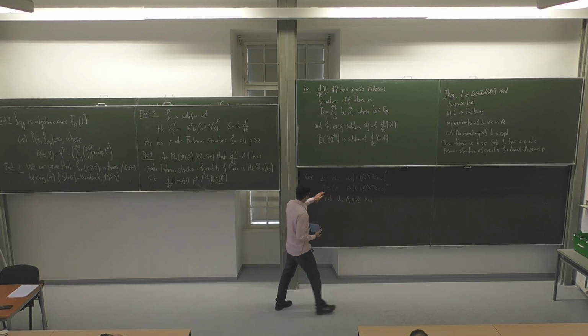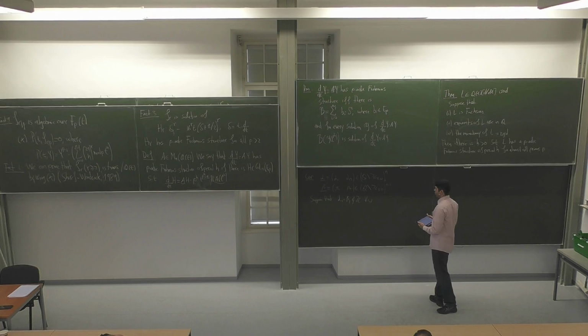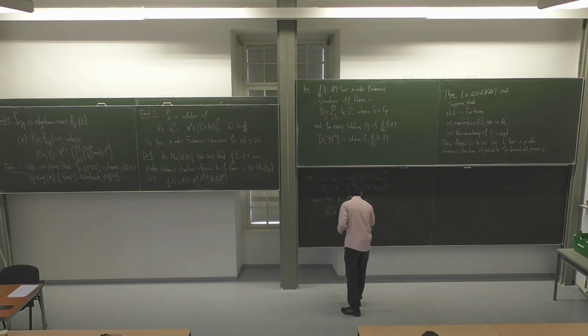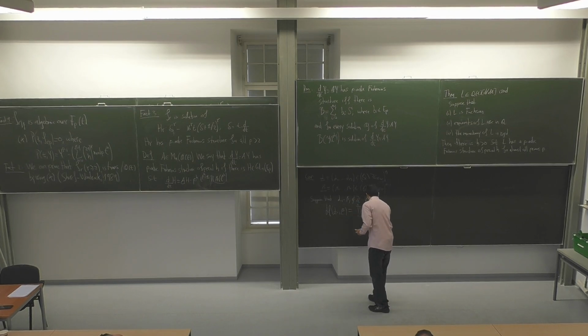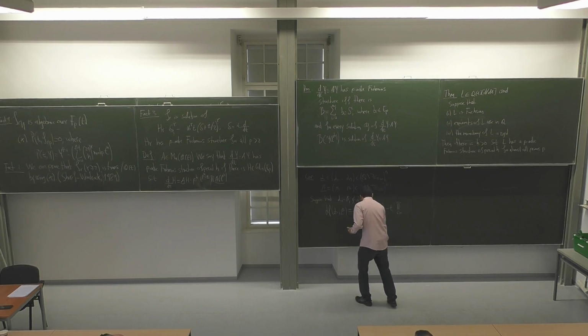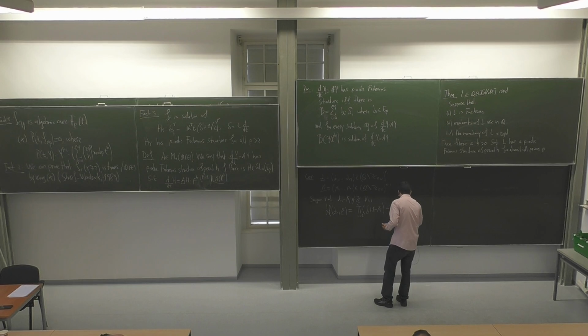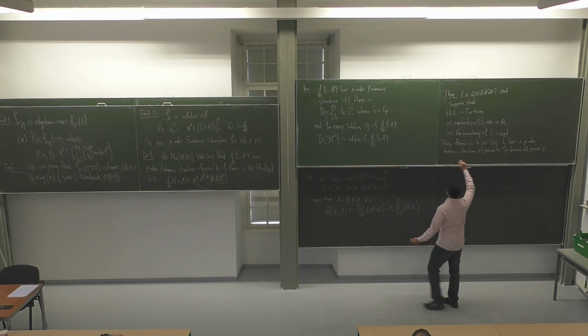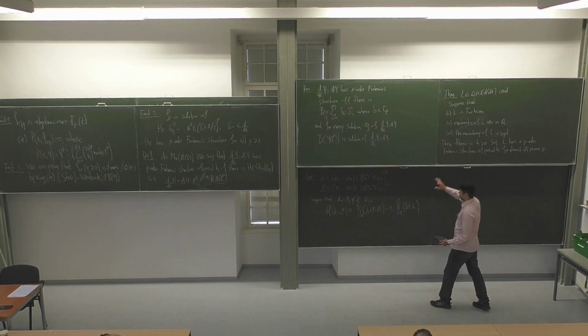With these assumptions, the hypergeometric operator with parameters alpha, beta is defined like this, with beta_n equal to 1.